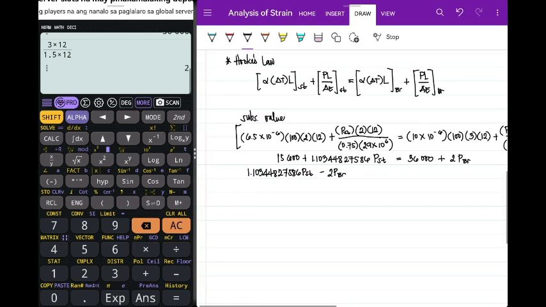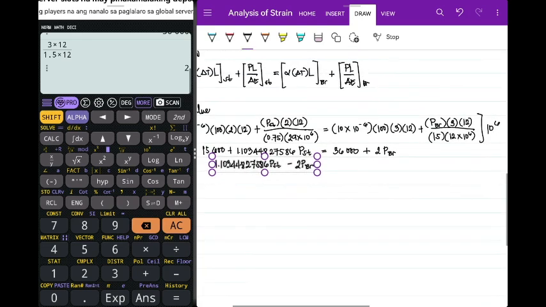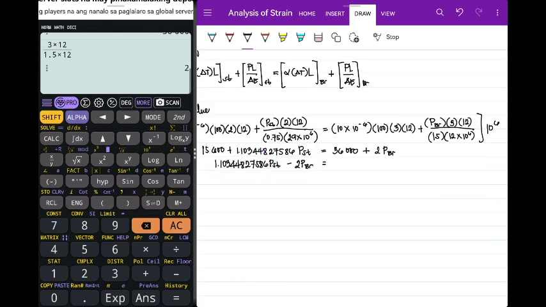So let me just transfer that. Is equal to 36,000 minus 15,600, which gives us 20,400.